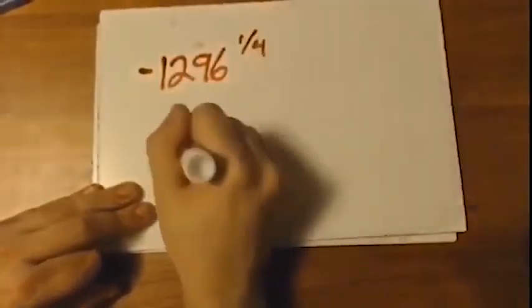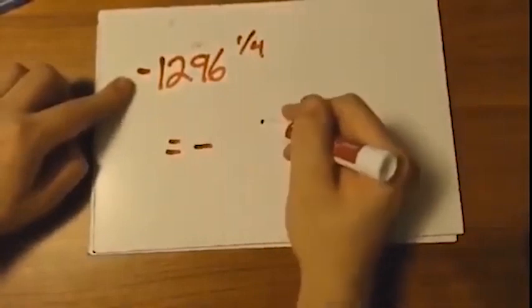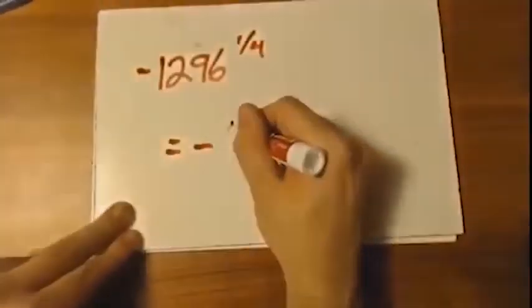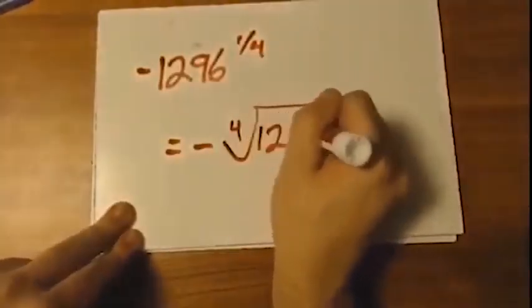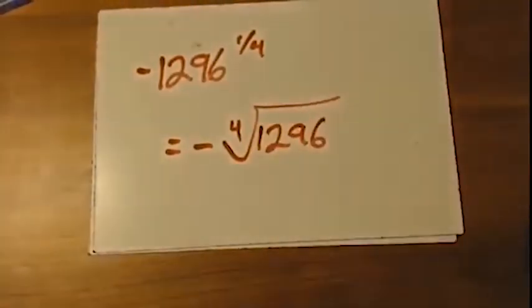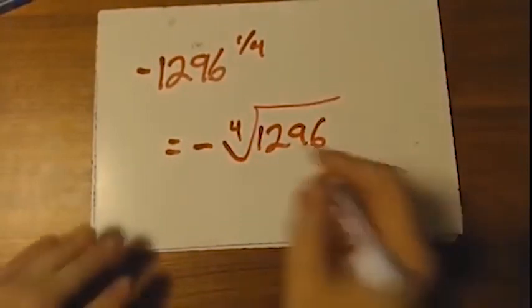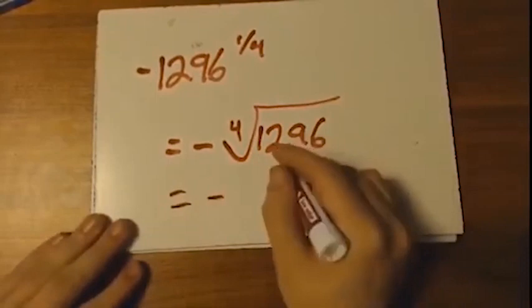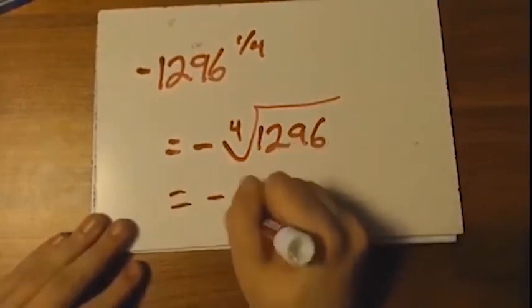Now F is different. It's written without the parentheses. So this is negative 4th root of 1296. This one we can do. And again, a calculator tells us that the 4th root of 1296 is 6.